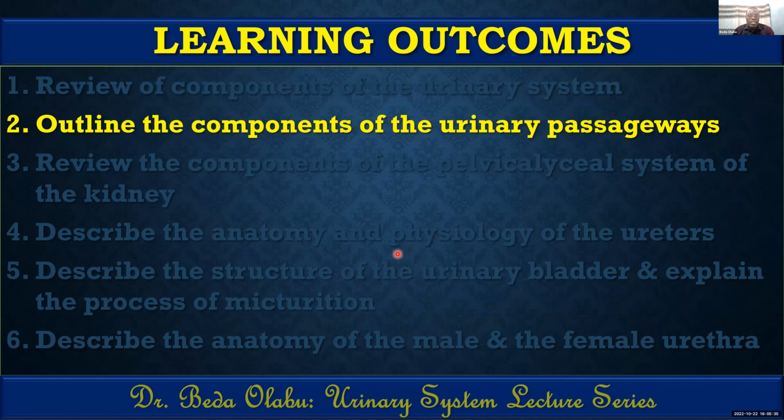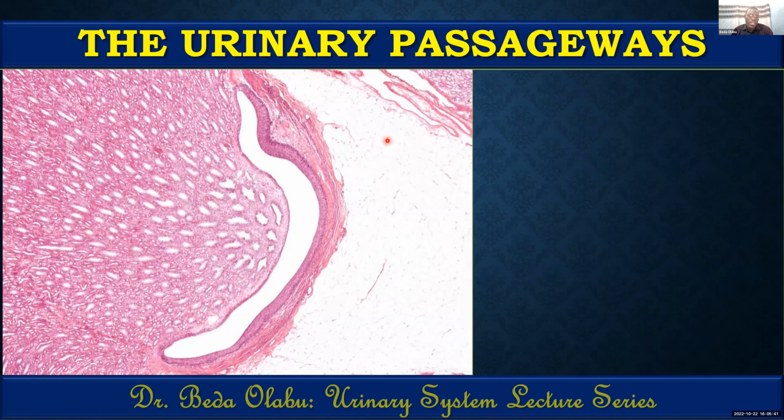Now we can state the components of the urinary passageways. Now, the apex of the renal pyramid would look like this. Urine will come at the apex of the pyramid to empty into a minor calyx.